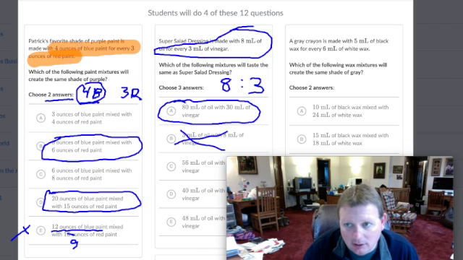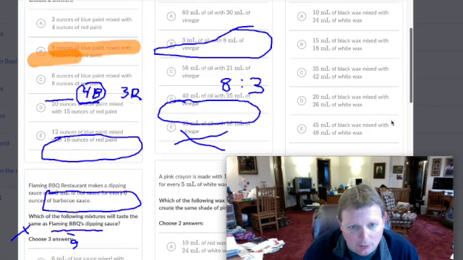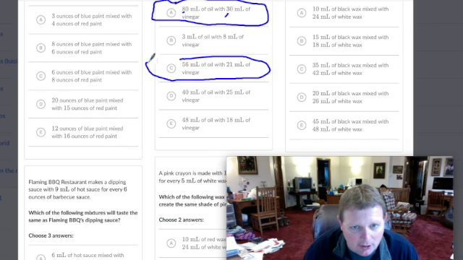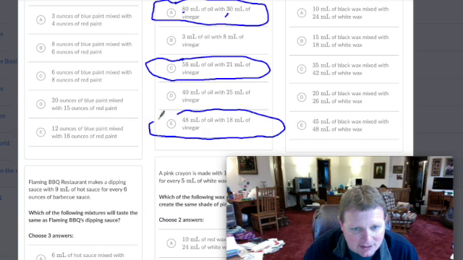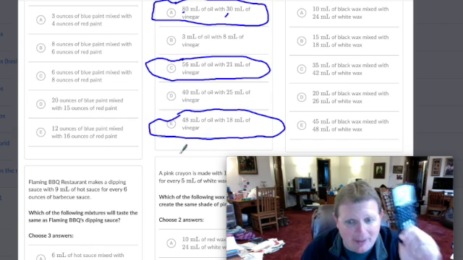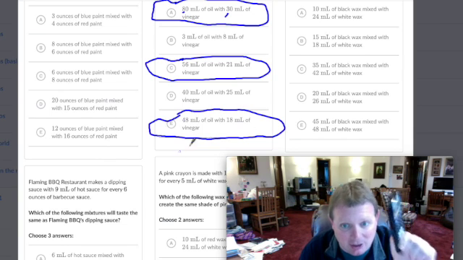No. And then I'll move this a little bit. 80 to 30. If you multiply 8 times 7 and 3 times 7, you get 56 to 21. If you multiply 8 times 6 and 3 times 6, you get 48 to 18. Use a calculator. Just multiply 8 and 3 by the same number and see which sets you get.